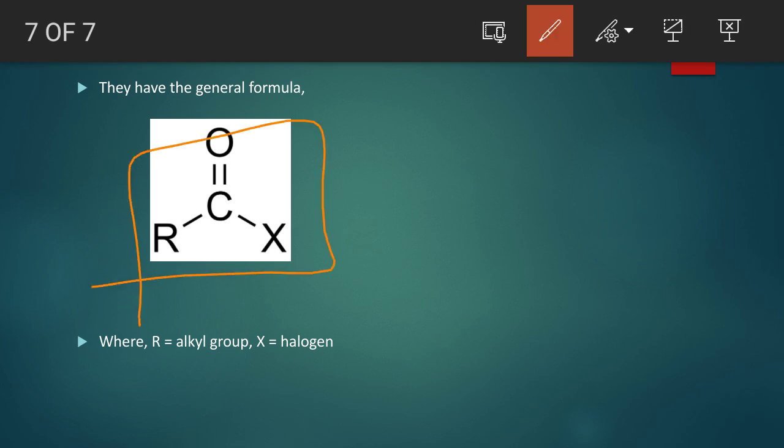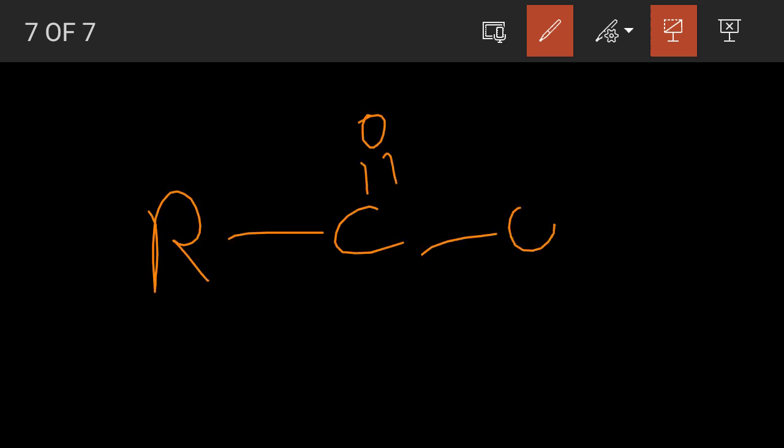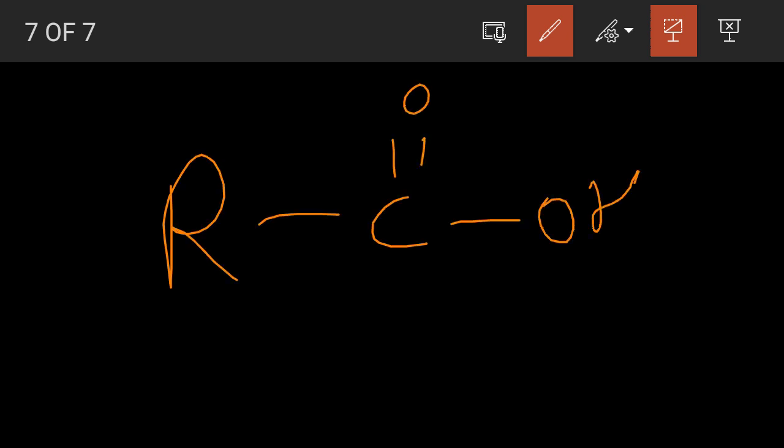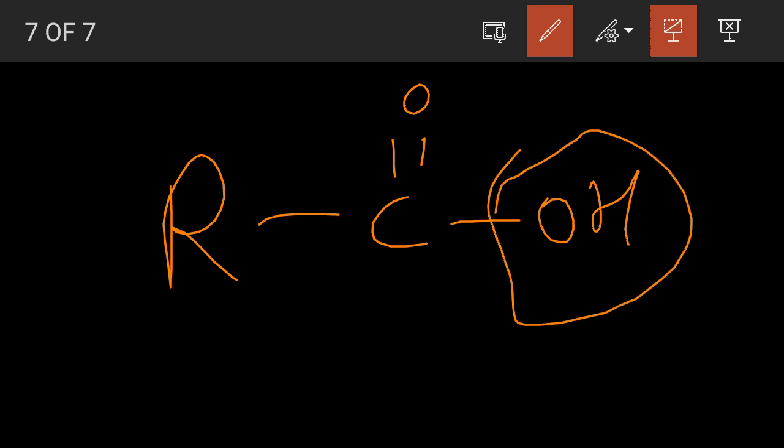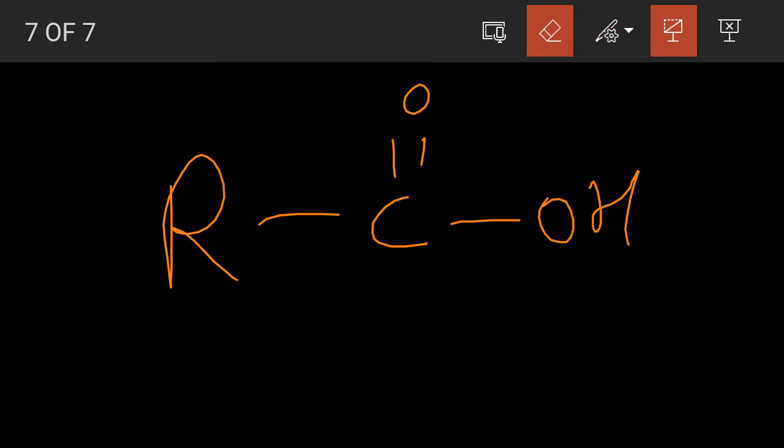Here this is the general formula for the acyl halide. I already told you acyl halides are derivatives of the carboxylic acid RCOOH. This is the carboxylic acid. Here the hydroxyl group is replaced by a halogen atom, that is chlorine, bromine, iodine, or fluorine.